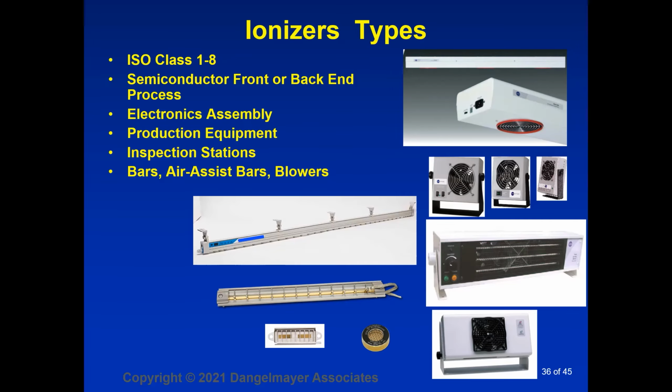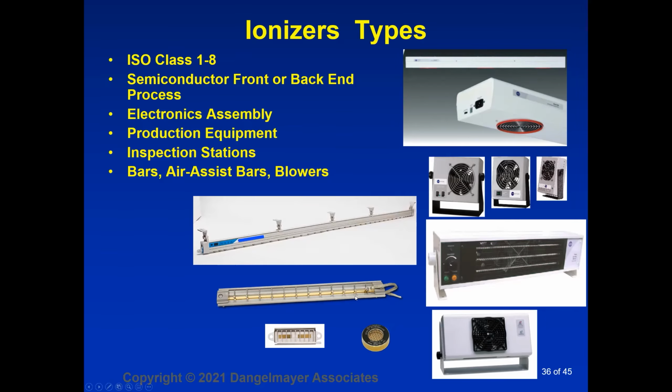They're used for semiconductor front or back end process, in electronics assembly, inside production equipment, and in inspection stations. And there are bars, air assist bars, blowers. There are lots of different types of ionizers here.